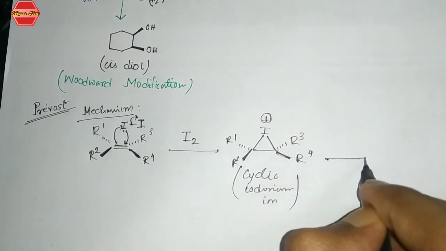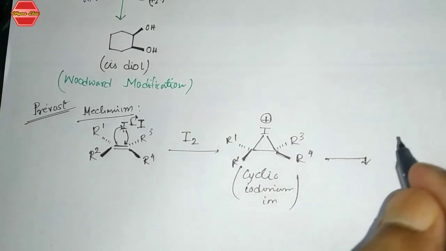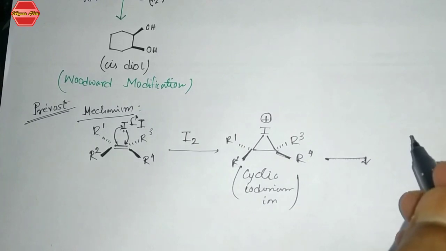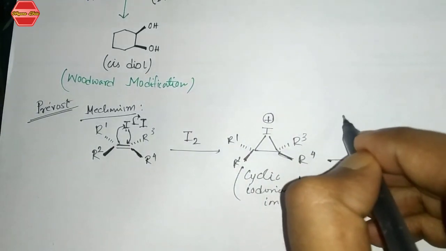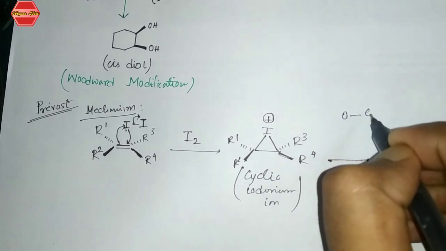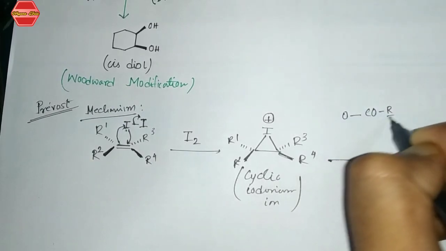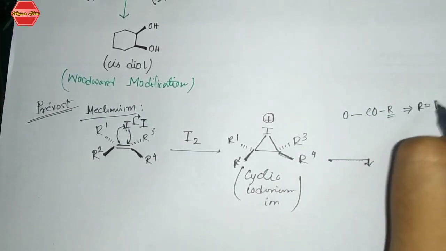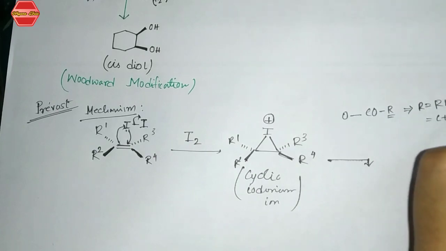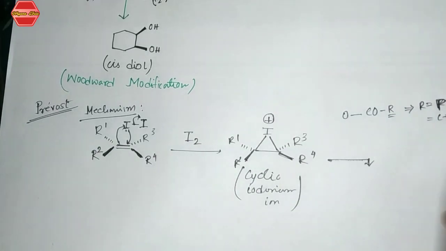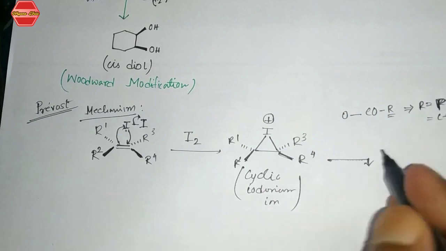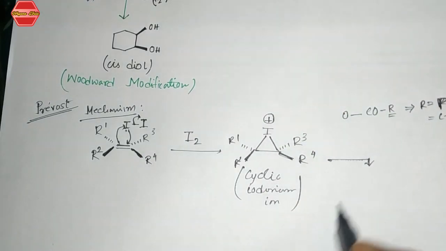Now the second step, the reagent which is used is AgOCOR, where R may be Ph or CH3. Here I have written Ph.